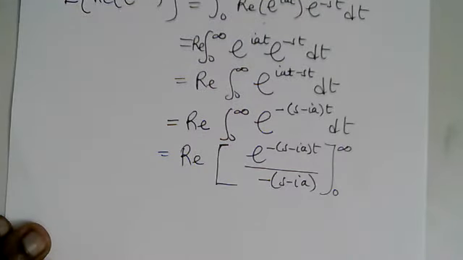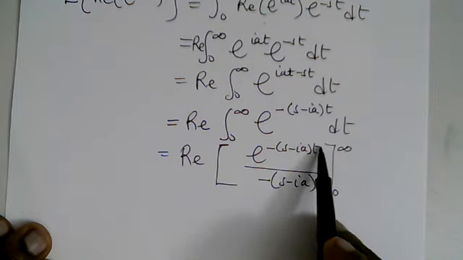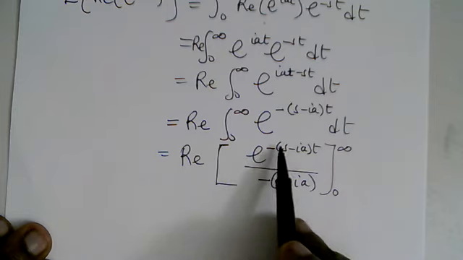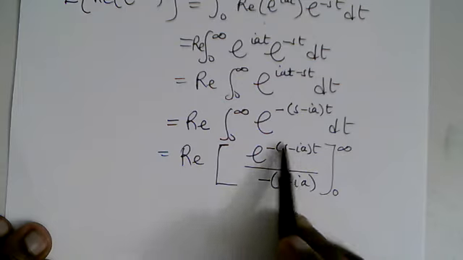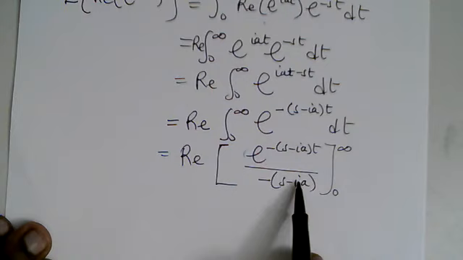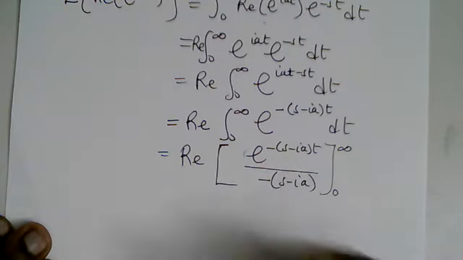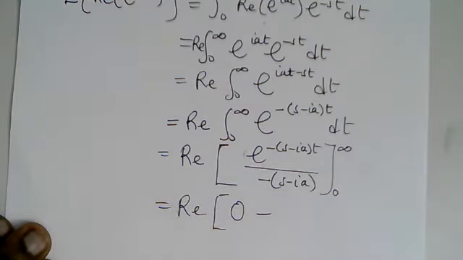Taking the limit as t approaches infinity, this whole thing becomes e to the minus infinity, which is 0, so it's 0 over this, and any 0 over any number is 0.